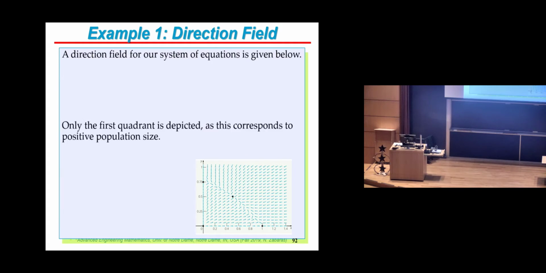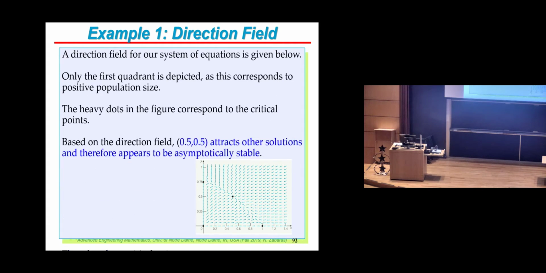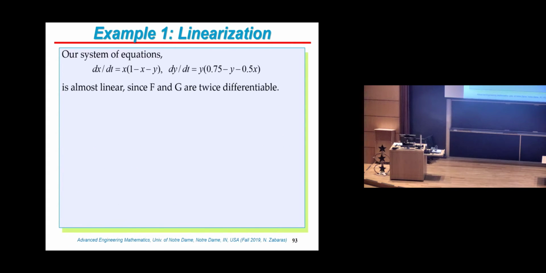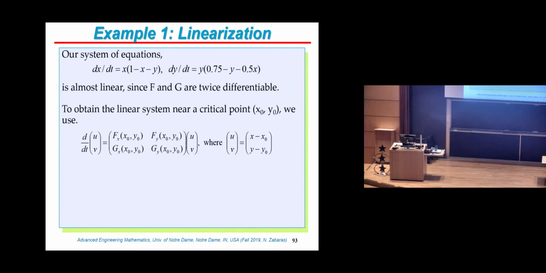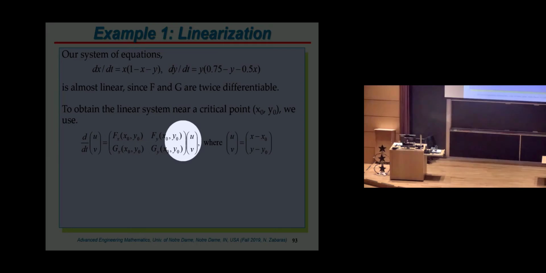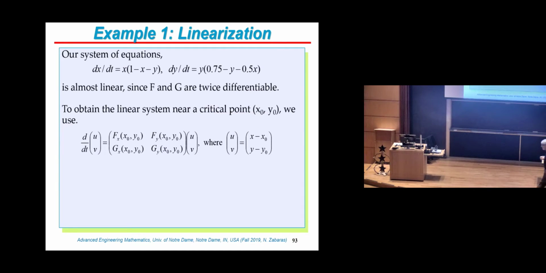But I want to do the formal analysis for a second, all right? So I'm going to take 1 point at a time. To do that, I remind you, when the critical point is not a (0, 0) point, you have to use new variables that are x minus x0 and y minus y0.